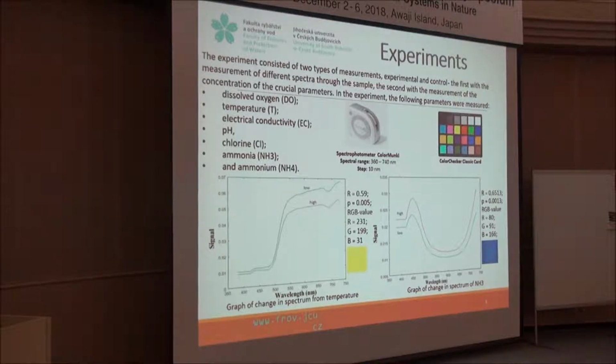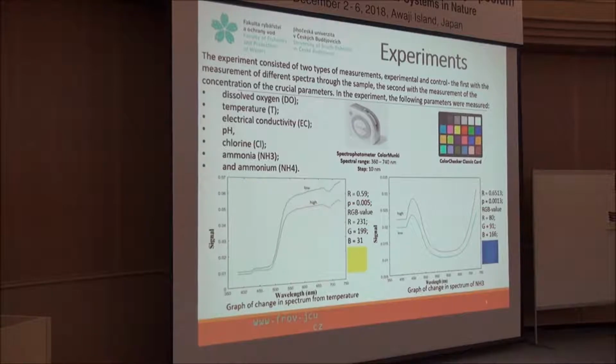And I tested such basic water parameters. The results from the first experiments you can see here. The main idea was to find the color etalons which best represent the changes in a parameter. And we found that the yellow color etalon represents temperature changes best and the blue one ammonia changes.